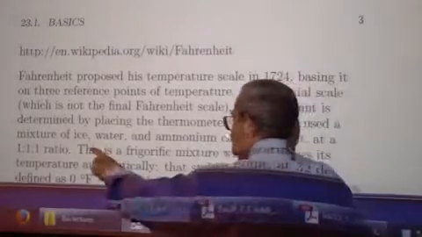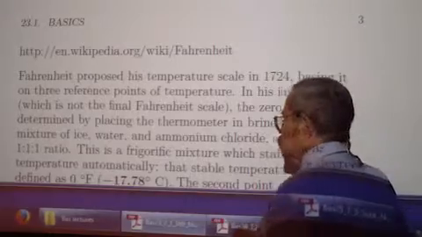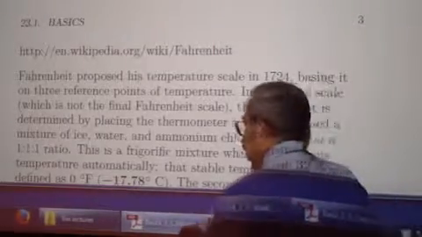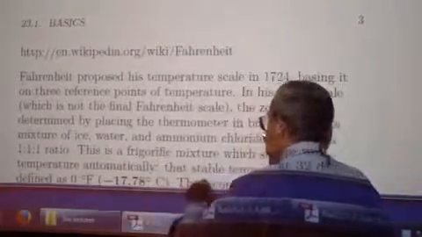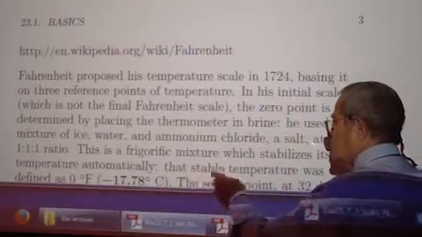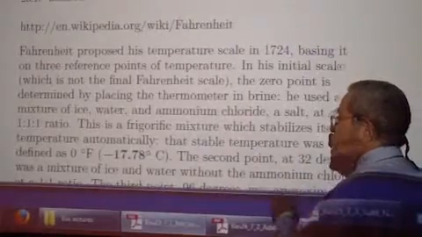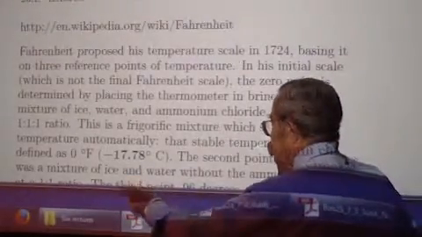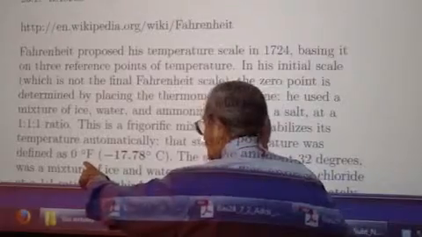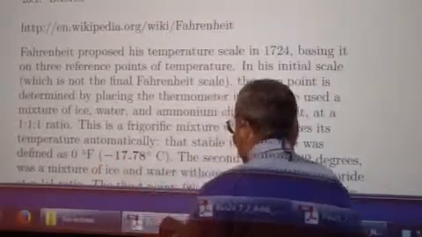So 1 portion of ice, 1 portion of water, and 1 portion of ammonium. This is a frigorific, and I don't know what this term means, mixture which stabilizes its temperature automatically, and that stable temperature was defined as 0. So 0 degrees Fahrenheit, which on the Celsius scale is this number.